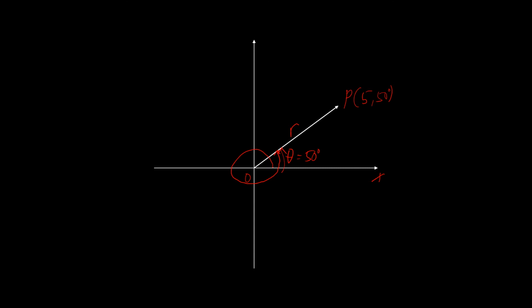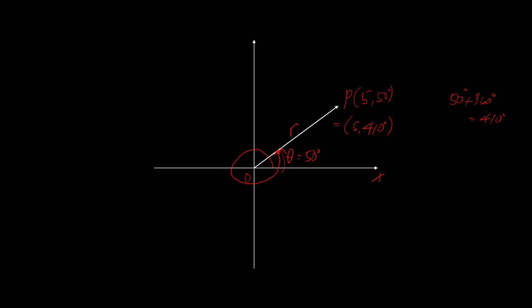So coterminal to 50 degrees is 50 degrees plus 360 degrees, equivalent to 410 degrees. So the polar coordinates 5, 50 degrees can be represented by the polar coordinates 5, 410 degrees. So this is another pair of coordinates corresponding to the same point P.